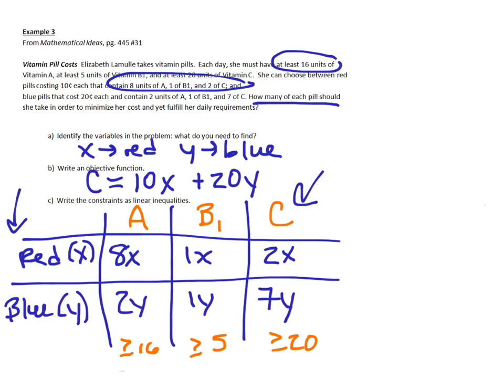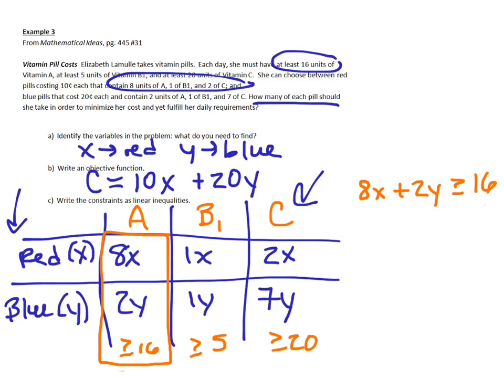Now looking at this, if you look at each column, those give you the constraints for each of those vitamins. So I can say that 8 units of vitamin A coming from the red pills plus the 2 units of vitamin A coming from her Y pills have to be at least 16 units.